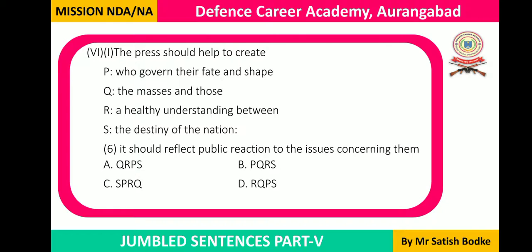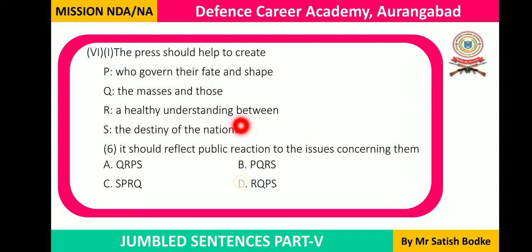This is question number 6, and here again we can find the same question type. The beginning of the sentence is given and the ending is also given, and in between the four parts are labeled as PQRS. The press should help to create, जो press होता है, that should help to create what?